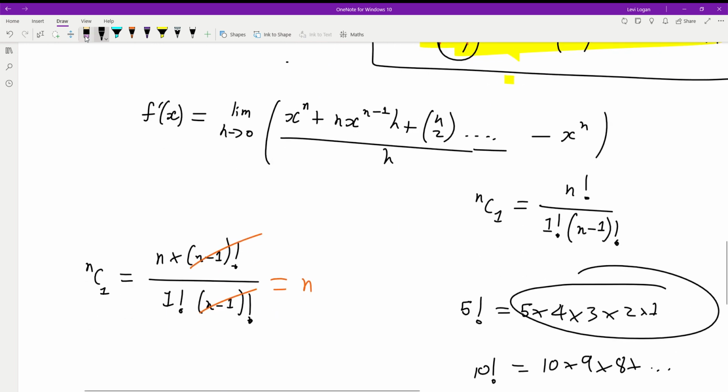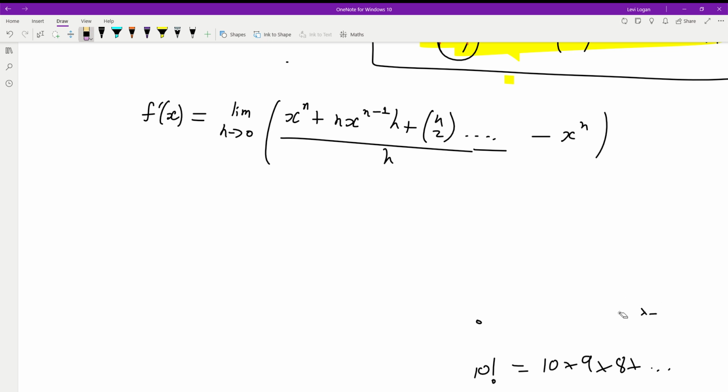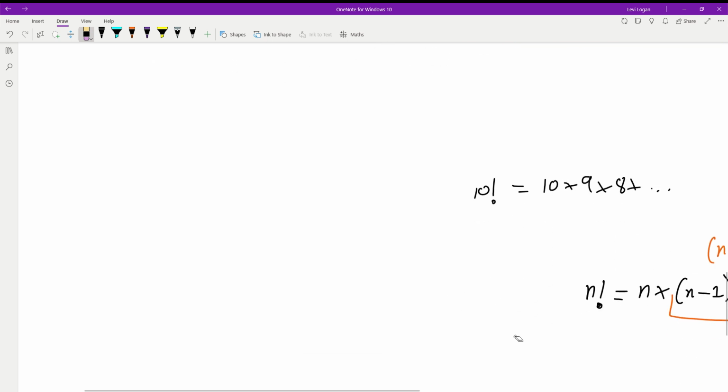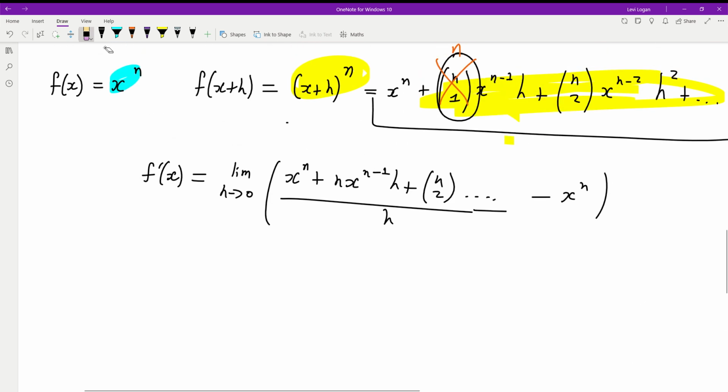Now I'm going to get rid of all this really quickly. Right. So we can see that will cancel out with that. Now all these terms here are from our binomial theorem, but they all contain h's. So what I can do is factor out an h out of all of them.